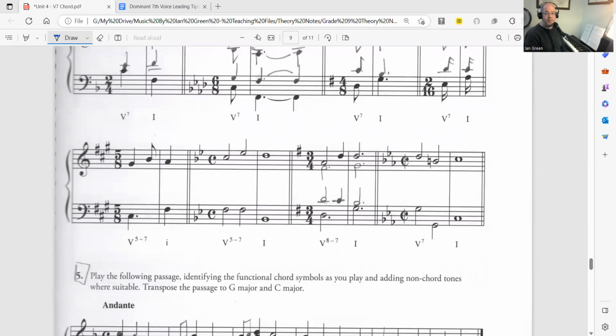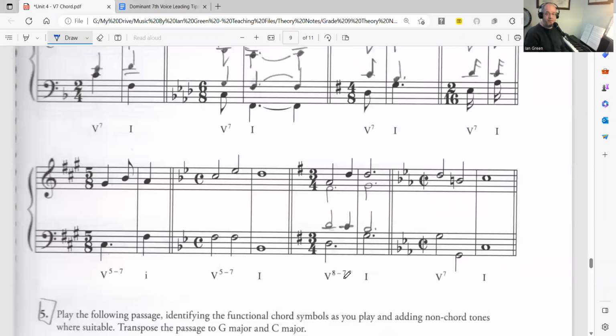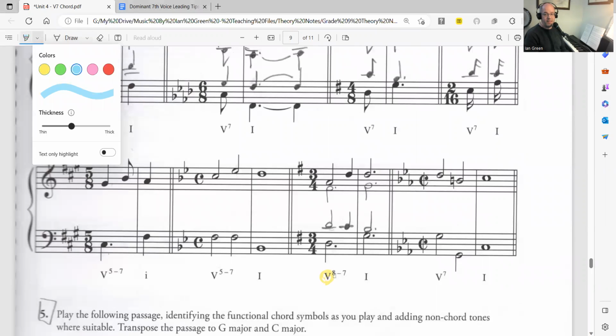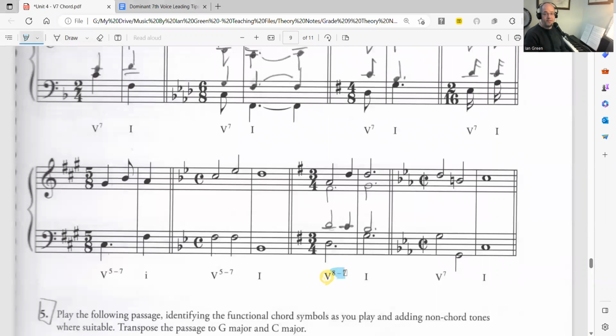Now essentially, by making this a little bit bigger, V8-7 can be highlighted here. So we have the dominant chord, and then 8-7 is the special resolution we will be speaking about today. As we know from the dominant 7th chord videos we've already created, the dominant 7th chord is created using 4 different notes.